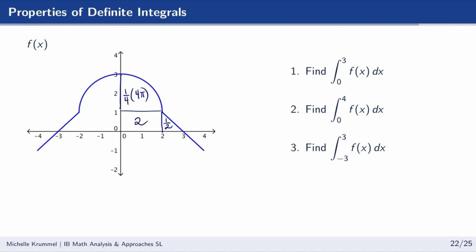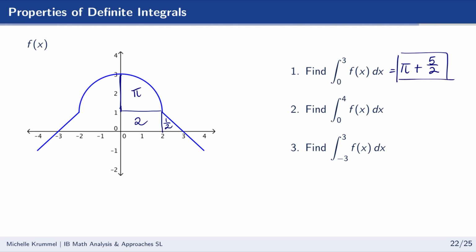So that has an area of just pi. Let me go ahead and just write pi there for that quarter circle. So the integral from 0 to 3 is just going to be the sum of that: pi plus 2 plus 1/2 is 5/2. So pi plus 5/2.